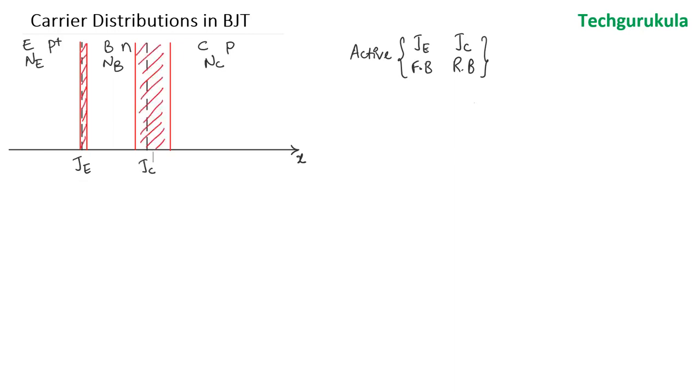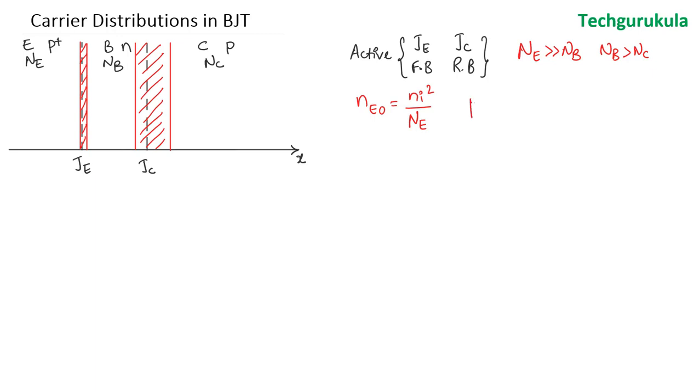Now, coming to the doping concentrations here, we know that Ne is far greater than Nb and Nb is greater than Nc. Now the minority carrier concentrations in the emitter, which is let's say called under equilibrium Ne naught, is given by Ni square over the doping concentration in the emitter.